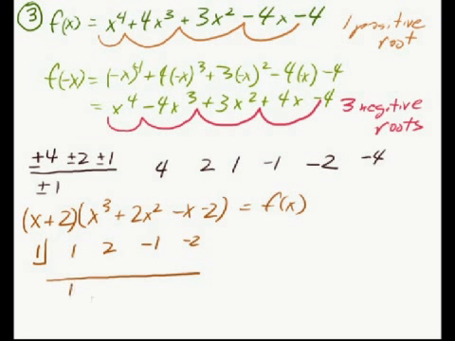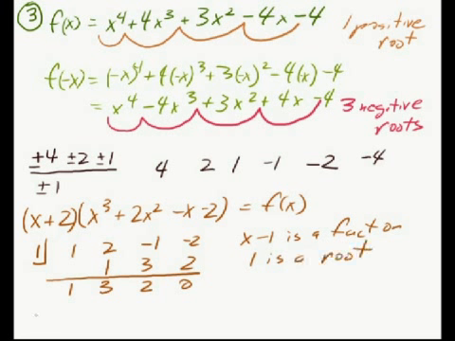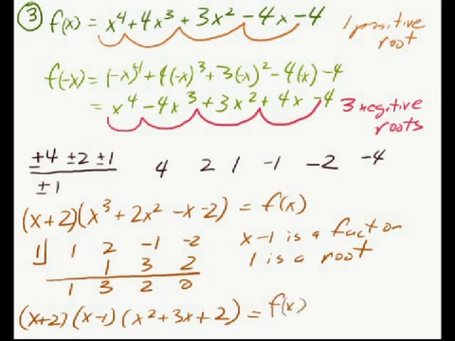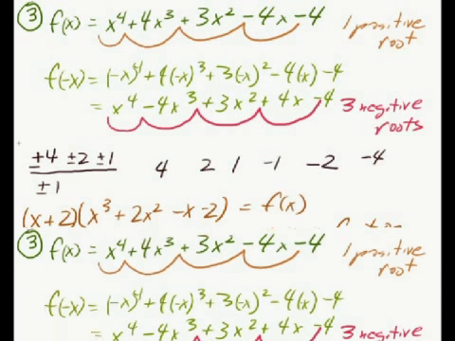I'm going to try 1, and that also turns out to be a 0. So x minus 1 is a factor, and 1 is a root. Let's see, if I wrote this out so far, I'd get x plus 2 times x minus 1 times this quadratic factor. And that's another way to write the original function f of x.